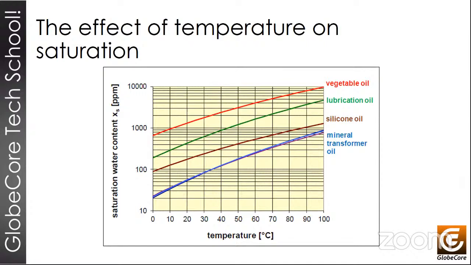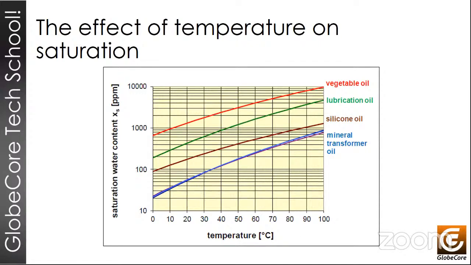Another element to consider is that as the temperature drops, this dissolved water will actually separate from the oil and become free water. And this can cause big problems if the amount of water released from the oil is large enough. Or this water can migrate, and probably will migrate, into the paper insulation because, being free droplets, it will move around inside the transformer.